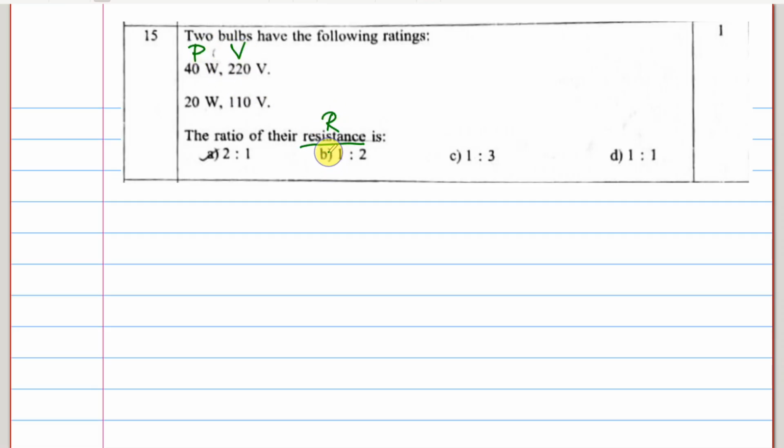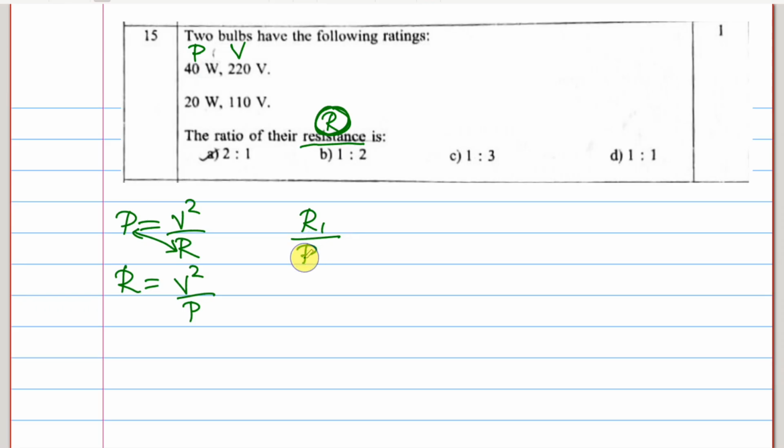The formula which combines all these is power equals V squared upon R. Because we need to find resistance, we transpose these two terms, so resistance will have the formula V squared by P. Because we need the ratio of the two resistances, let us call the first resistance R1.